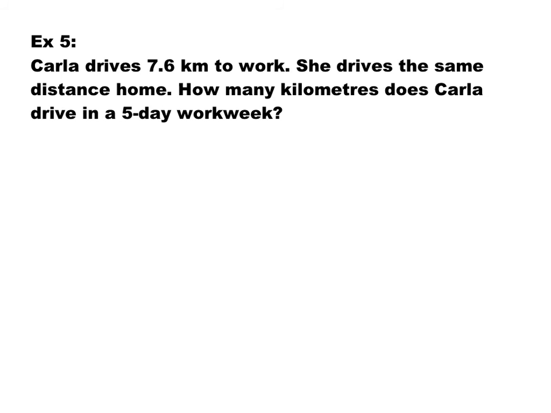So I'm going to drop the decimal points and I'm going to write 76 times 5. And I'm going to multiply. 5 times 6 is 30, so 0, 3 is carried over. 5 times 7 is 35, plus 3 is 38. Now, 7.6 has the decimal point to the left of the last digit, and 5 doesn't have any decimal point.